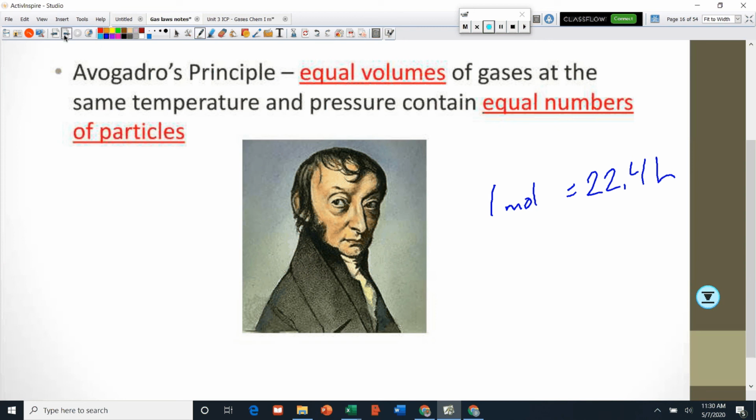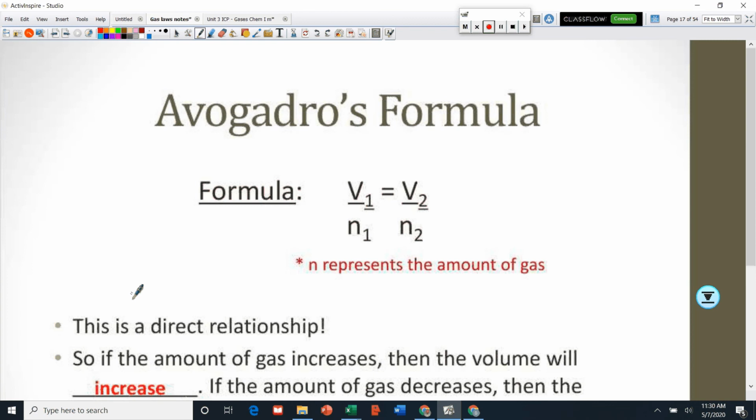Just like Charles, Boyle, and Gay-Lussac, he was able to establish a relationship between volume and moles. His relationship is that the initial volume over the initial amount of moles is equivalent to the new volume over the new amount of moles. This assumes that we are changing the number of moles, the amount of particles in there.